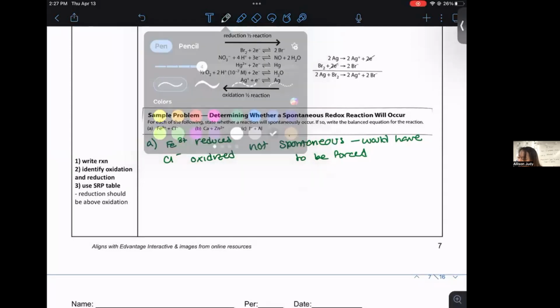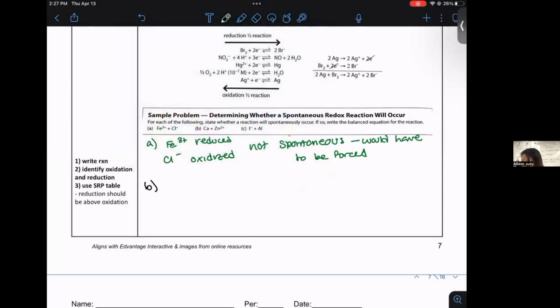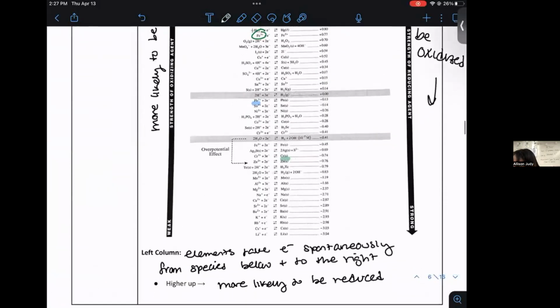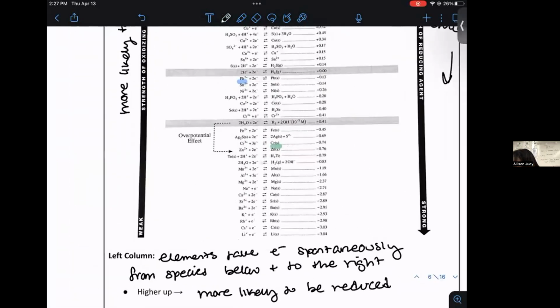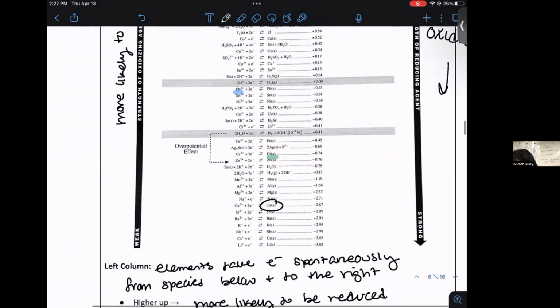Calcium and zinc. Calcium neutral and zinc 2 plus. Calcium would undergo oxidation if we look here. Calcium you can find here, and zinc 2 plus you can find here. Calcium is definitely the oxidation species and zinc is definitely the reduction species.